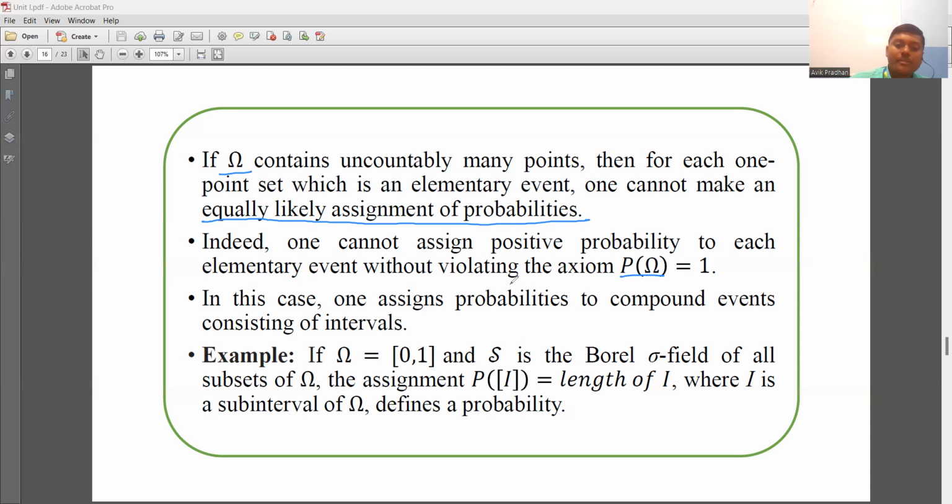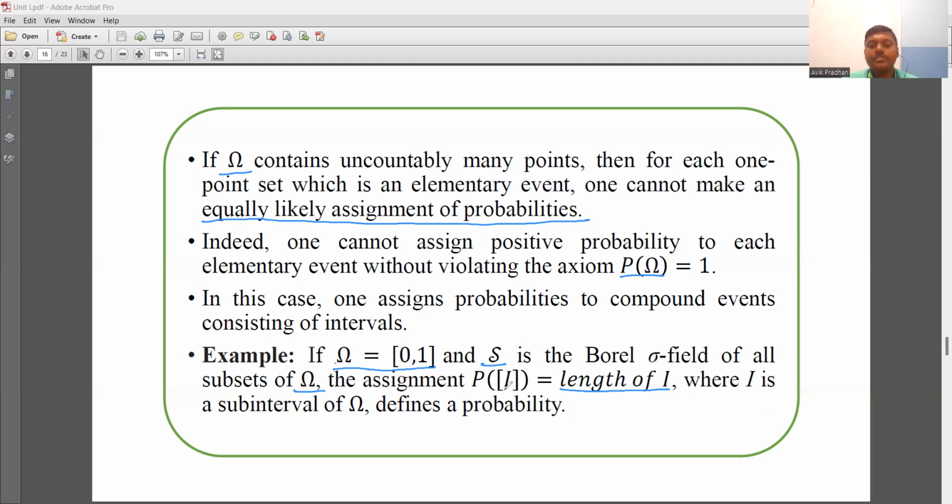Here I have considered an example: an experiment for which the sample space, or the set of all possible outcomes omega, is given by the closed interval 0, 1, and the sigma algebra is given by the Borel sigma field. Then the assignment of probability for an interval, which is a subset of this closed interval 0, 1, will be the length of that set.